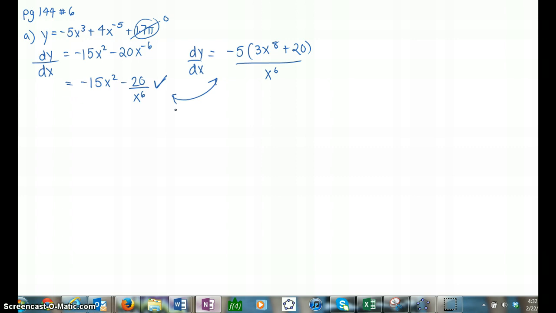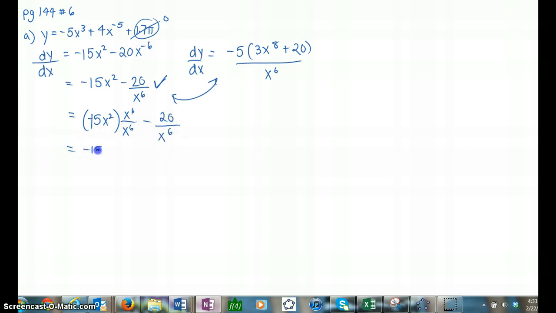The answer in the back just has a common denominator of x to the 6, and I could easily take my answer here and multiply top and bottom by x to the 6 so that I'd have a common denominator.